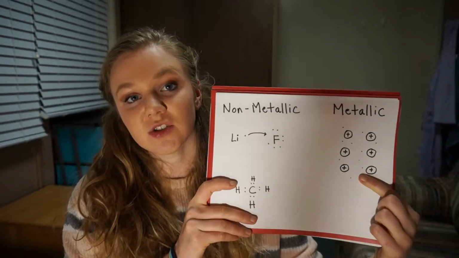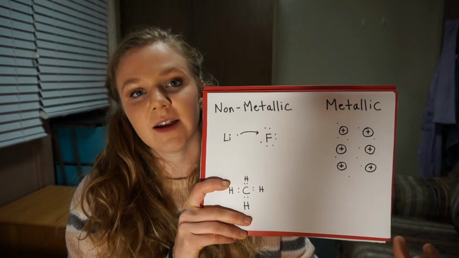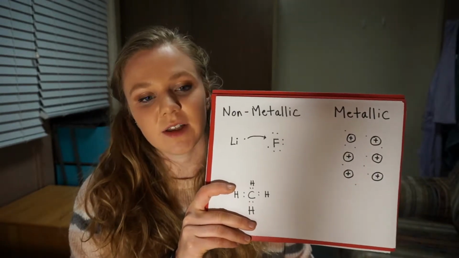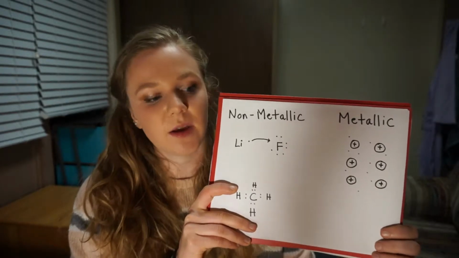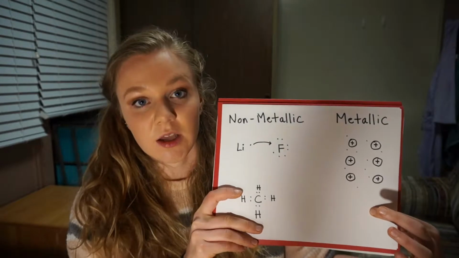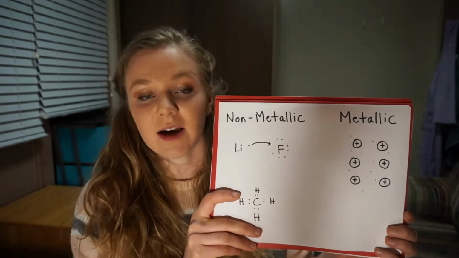However, in metallic bonding structures, there are proton cores, and surrounding that is a sea of free electrons. That sea of electrons is mobile. So if a potential difference is applied, say a positive charge down here, then those electrons would tend to move towards that positive charge, and that causes electricity.